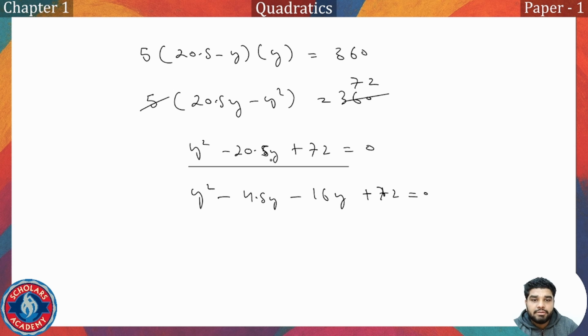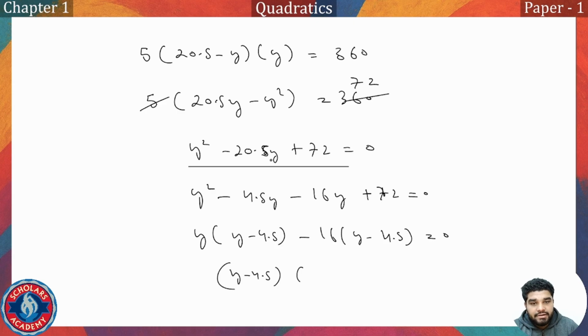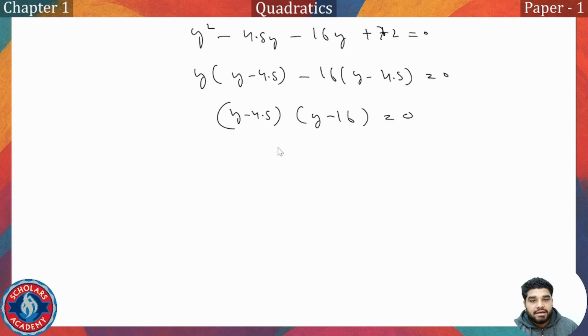We can also solve it by the quadratic formula. So (y - 4.5) and -16(y - 4.5) = 0. (y - 4.5)(y - 16) = 0. So from here I get two values for y, that is y is either 4.5 or y is 16.